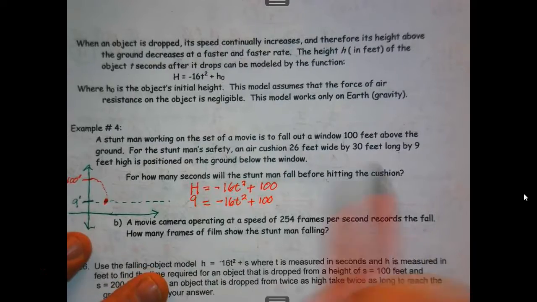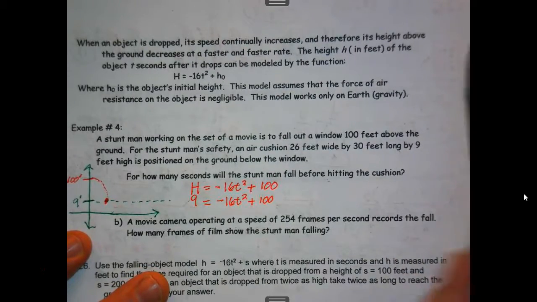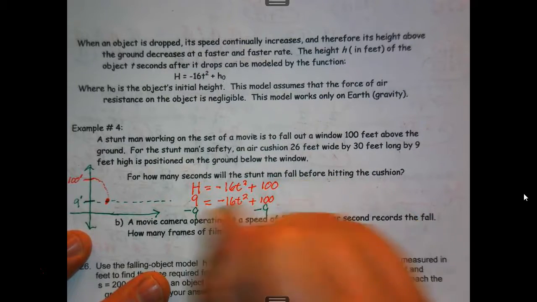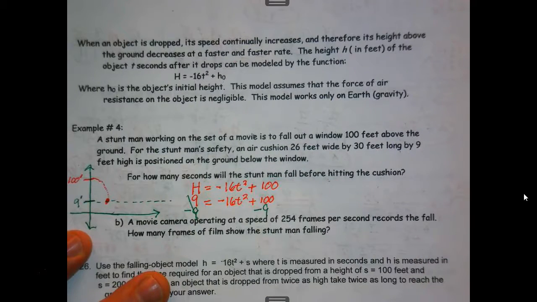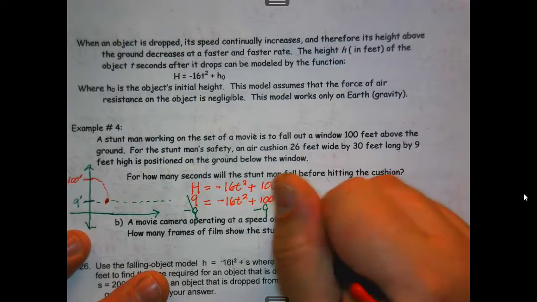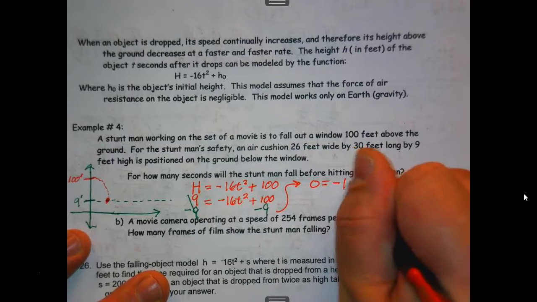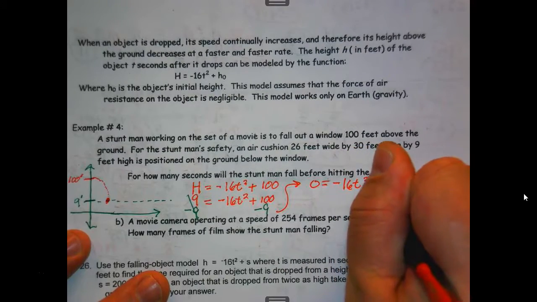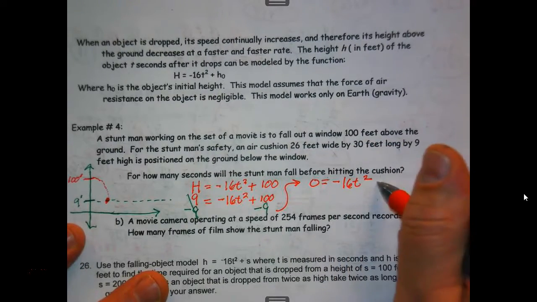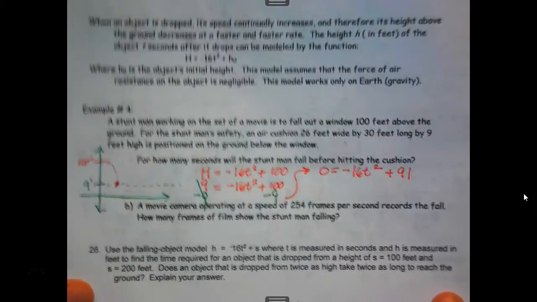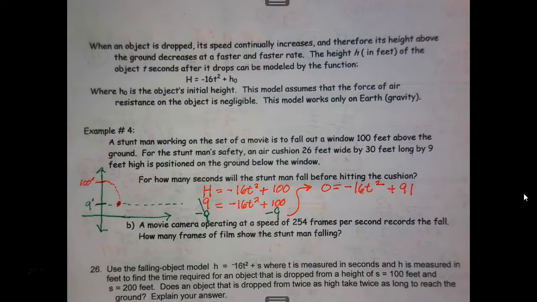But when I go to solve this, I need a 0 on one side, so I'm going to subtract 9 from both sides. Now I get my 0 equals negative 16 t squared plus 91.